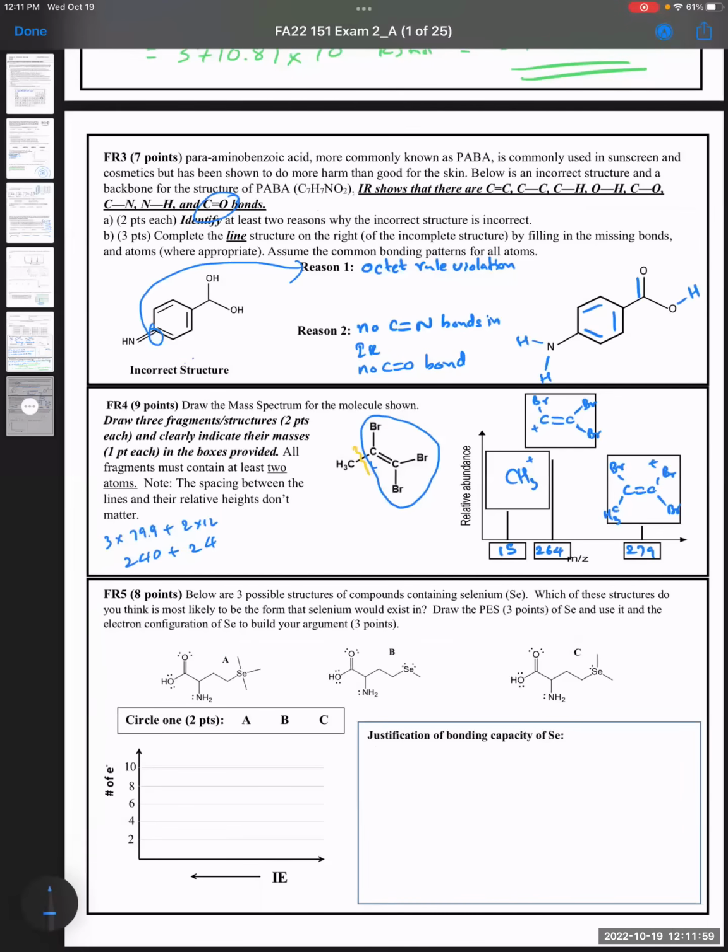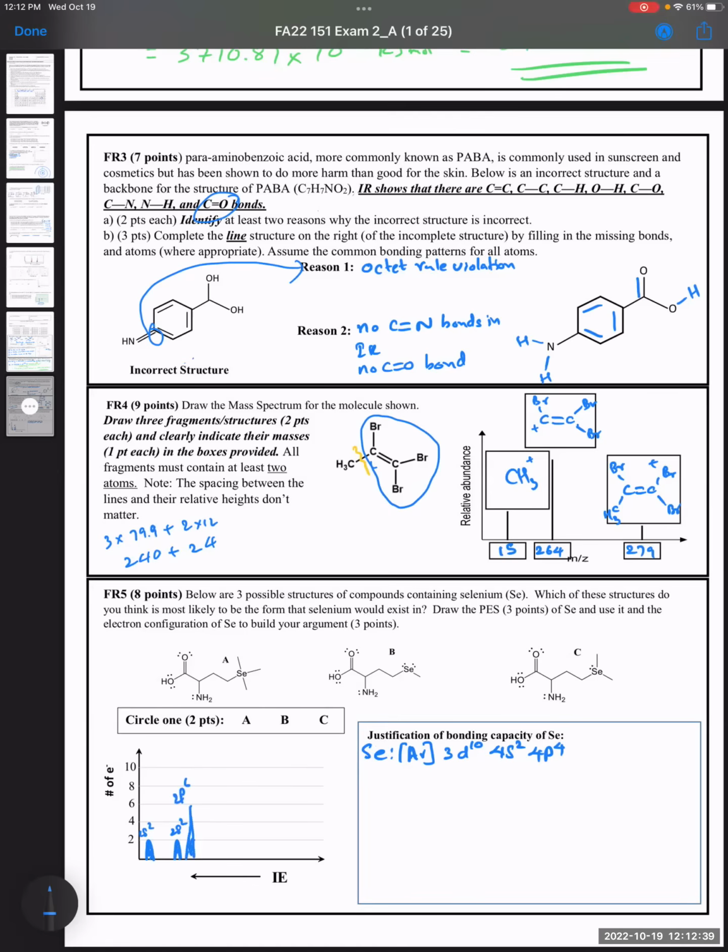So the electron configuration of selenium is argon core shell, 3d10, 4s2, and 4p4. If you write out the full electron configuration, we have 1s2, with the highest ionization energy, and then 2s2 and 2p6.